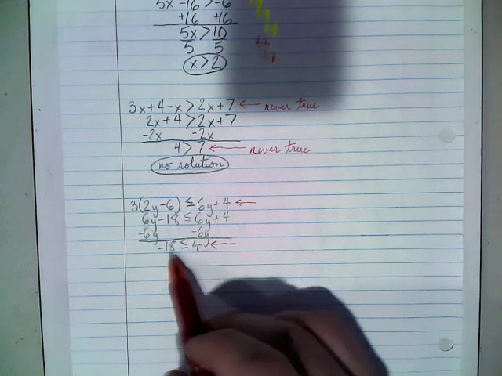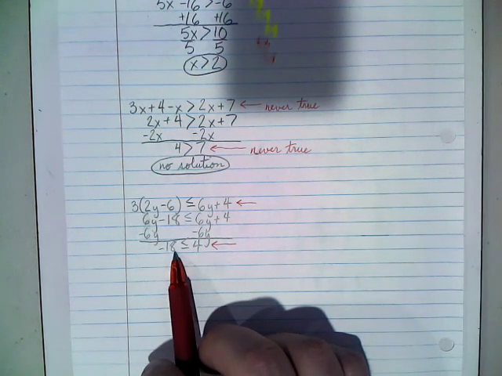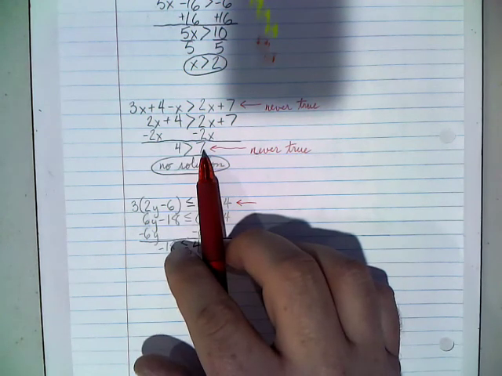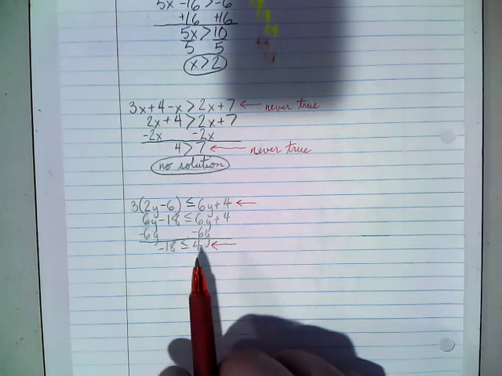Well, since there is no y value here, the y value can be absolutely anything, and either this is true or it's not. Just like up here, with no x value here, the x value doesn't affect this. It just is true or it isn't true. So down here, is this true? Yes.